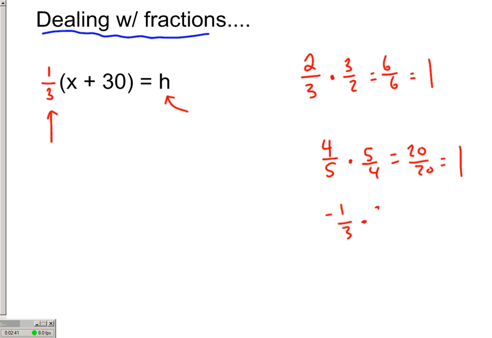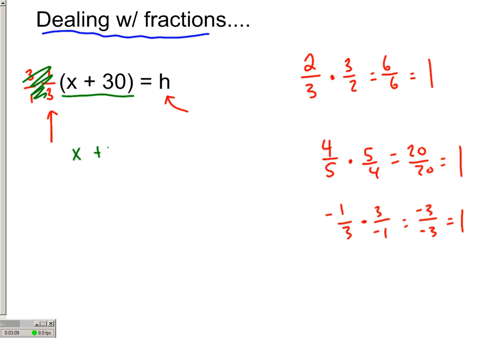If you flipped it upside down, you'd get -3/3, and that would still equal +1 because negative divided by negative is positive. So what's the reciprocal of 1/3? It is 3/1. 3 times 1 is 3, 1 times 3 is 3, and so it cancels out and basically makes it a +1, and it frees up everything right here.